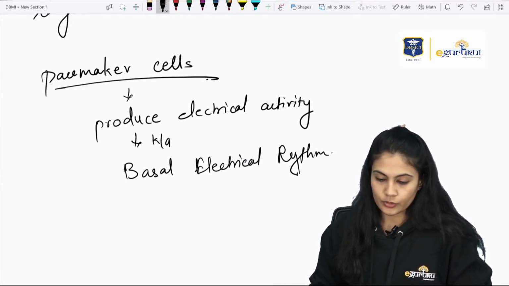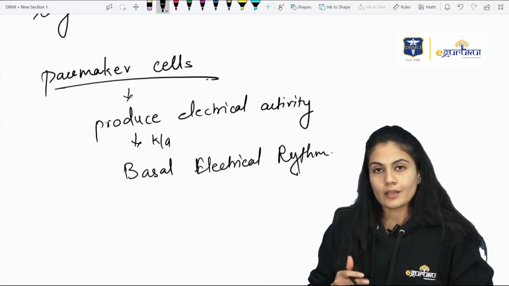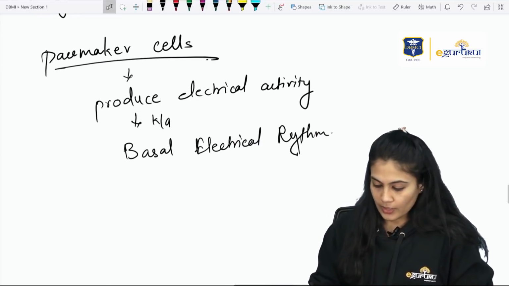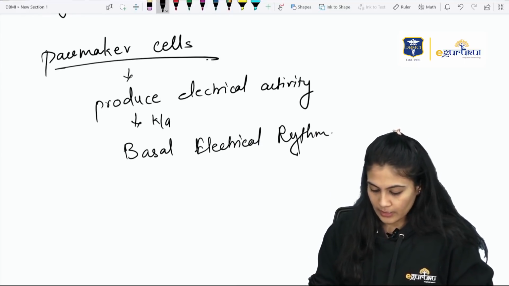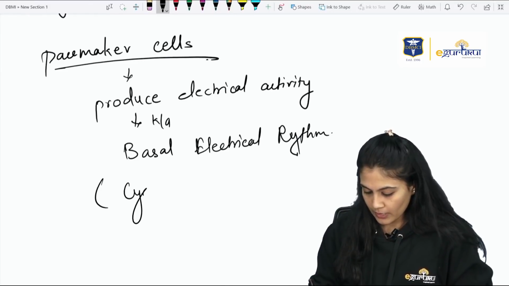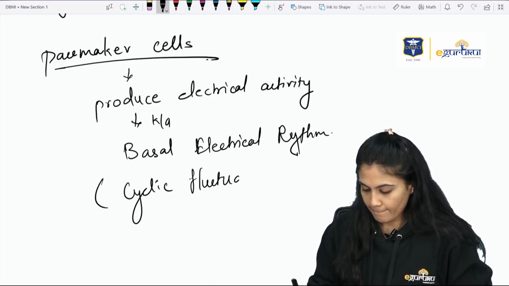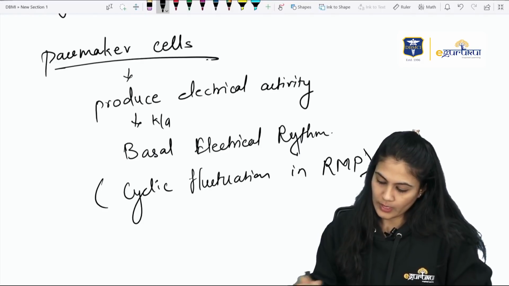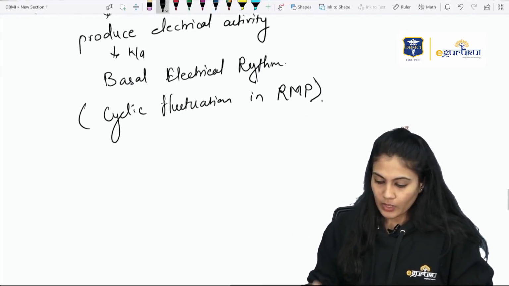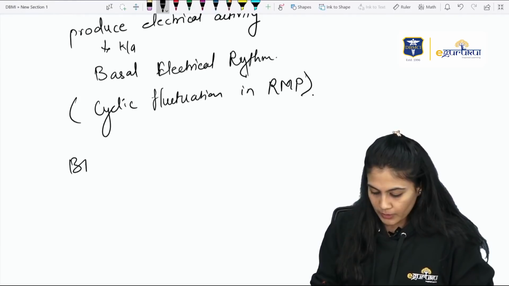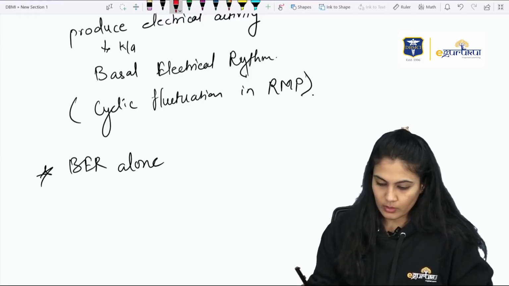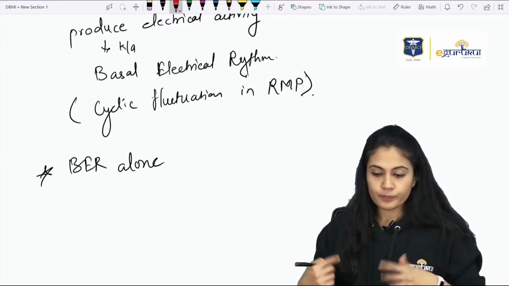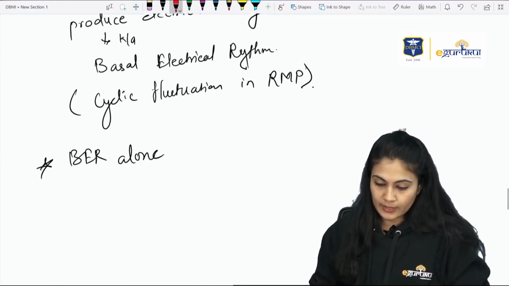Basal electrical rhythm is nothing but the cyclic fluctuation in resting membrane potential, RMP, right? One thing very important, always remember, the BER alone cannot produce contraction.